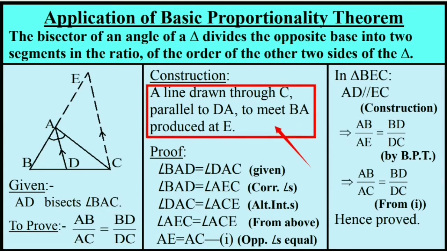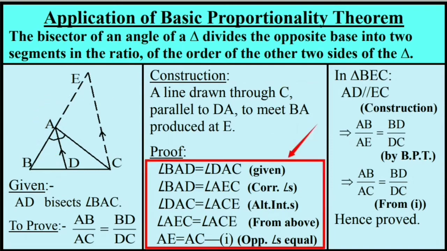In this question, a construction is needed to prove the result, and that construction is a line drawn through C parallel to DA to meet BA produced at E. So here is the line drawn through C parallel to DA to meet BA produced at E.